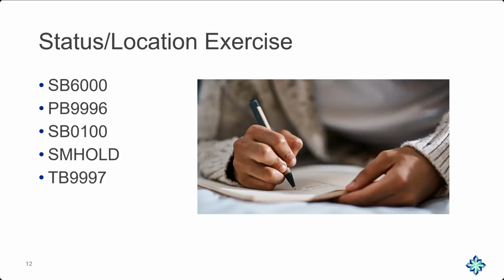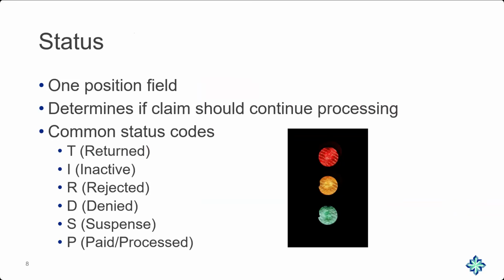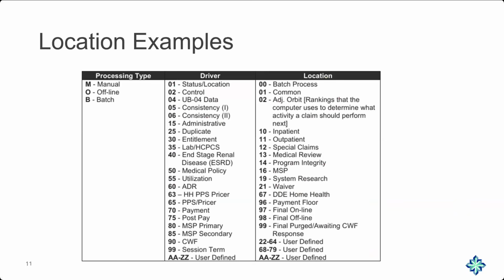S stands for suspense, so we see it listed here. Then we go to the table we were looking at, and we can see that B stands for batch. That's over here in the processing type, batch.